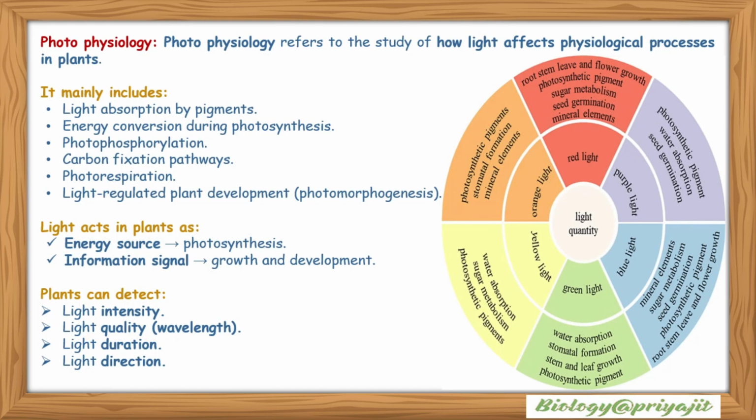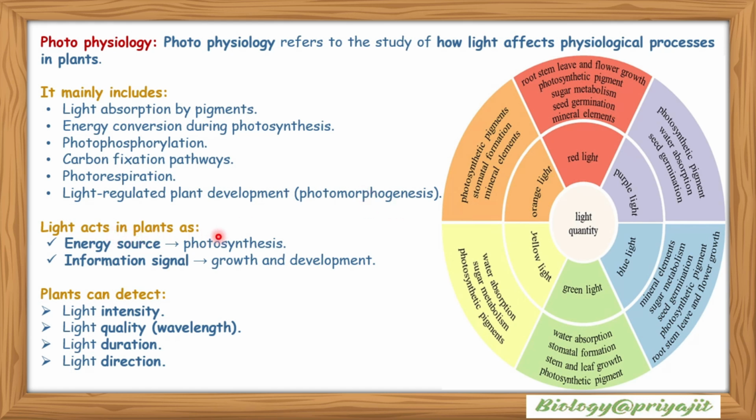What is photophysiology? Photophysiology basically refers to the study of how light affects physiological processes in plants. It mainly includes light absorption by pigments, energy conversion during photosynthesis, photophosphorylation, carbon fixation pathways, photorespiration, light regulated plant development or photomorphogenesis.